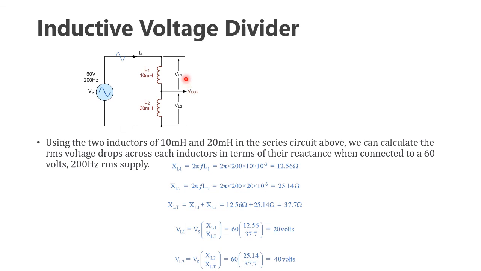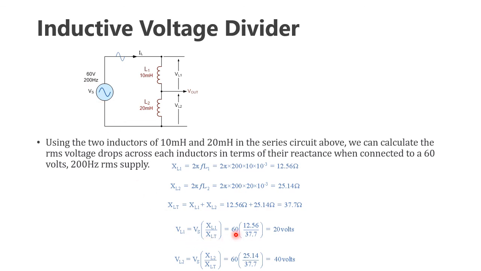But our question is we have to find the voltage drop across each inductor. The voltage drop across the inductor L1 is VL1, which can be calculated by using this formula: Vs into XL1 over XLT. Here Vs is the supply voltage, which is 60 volt RMS.